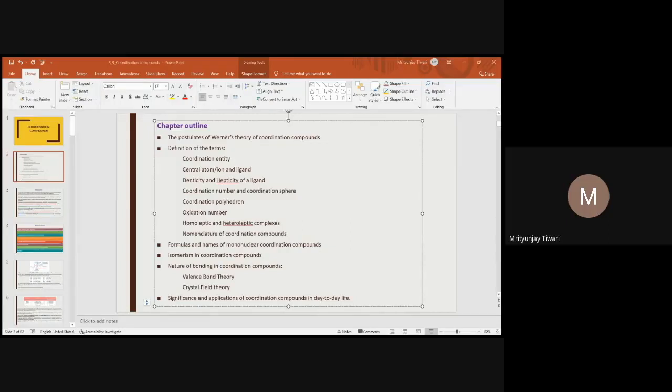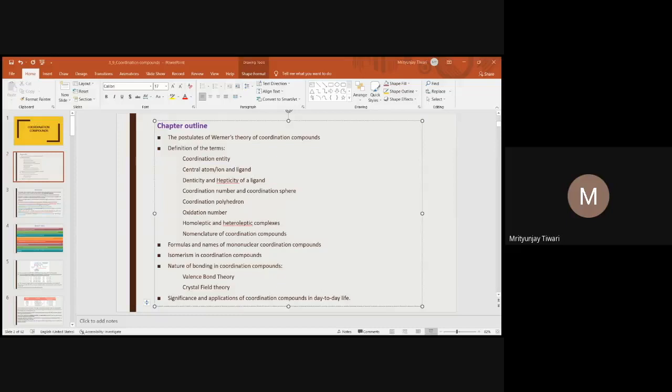The central atom or ion, which is usually metallic, of a coordination complex is called the coordination center. So the central atom or the metal or the ion, which is bound to different ligands, anions or neutral molecules, is called the coordination center.